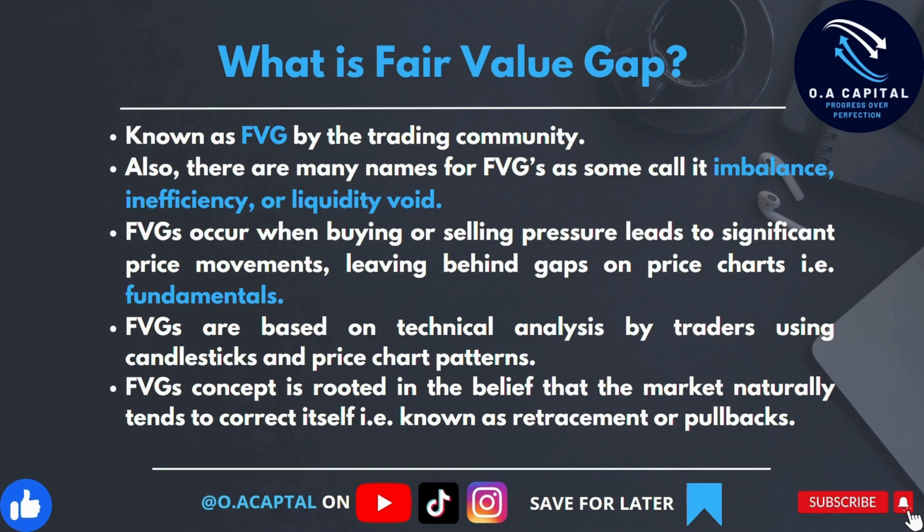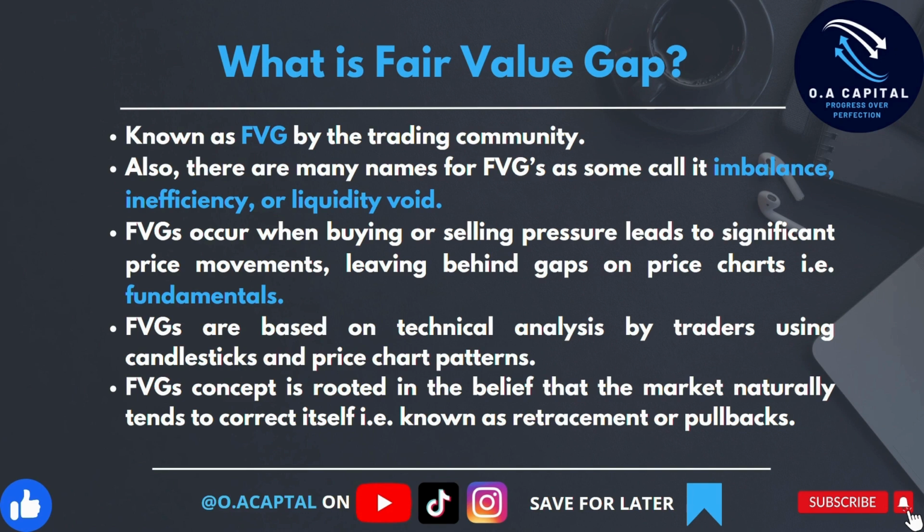Essentially, a fair value gap is when a buying or selling pressure leads to a significant price movement, leaving behind gaps on price charts. What this means is, whenever price goes up and down, there's buying and selling happening.